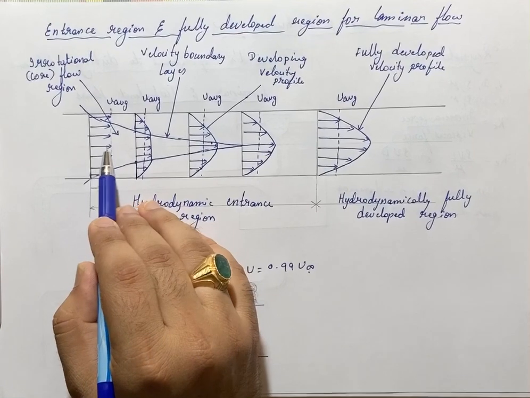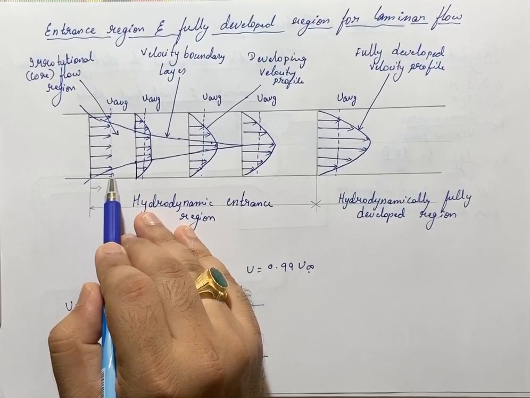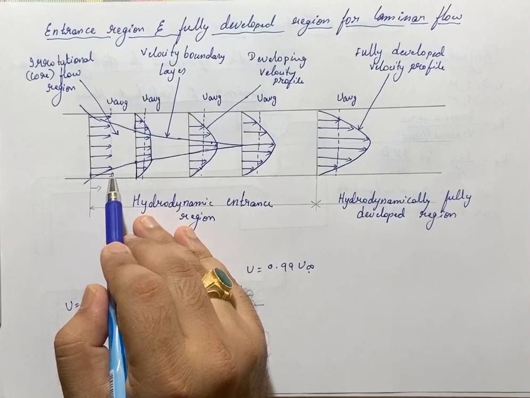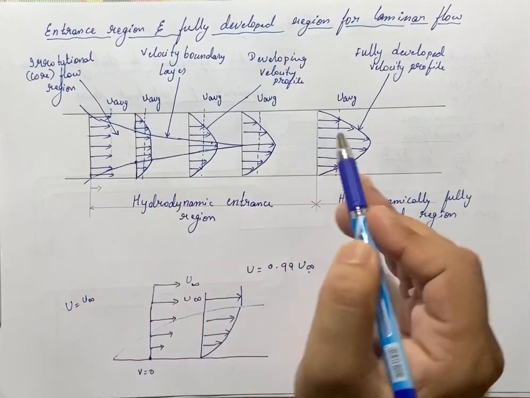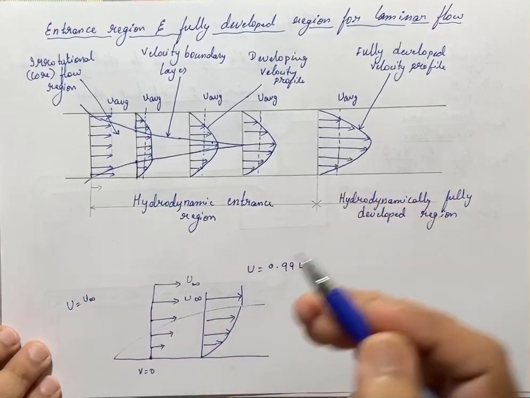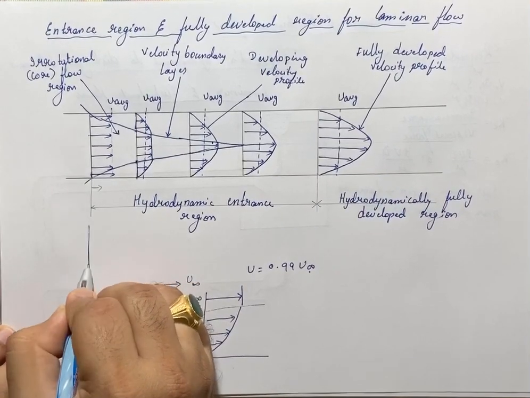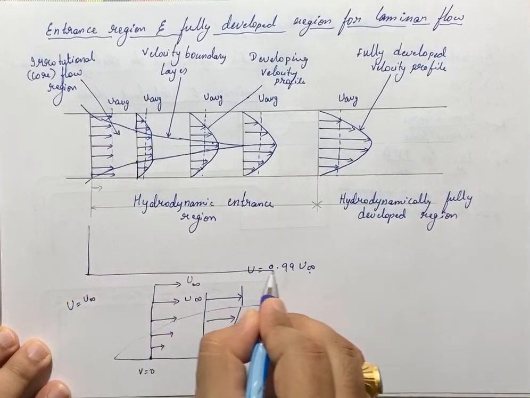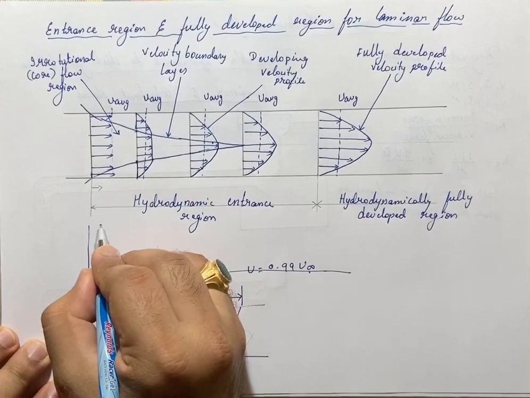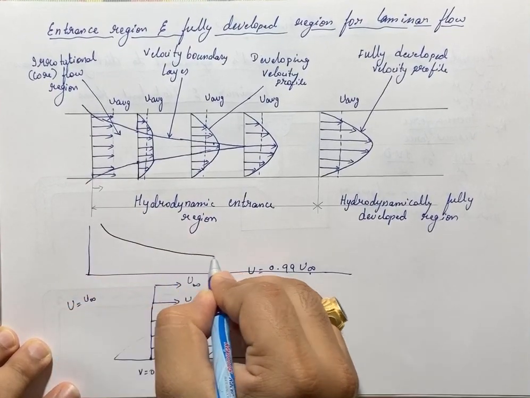Here you can see the shear stress is more at the pipe inlet. When we come from here to this point, the shear profile will continuously reduce here.